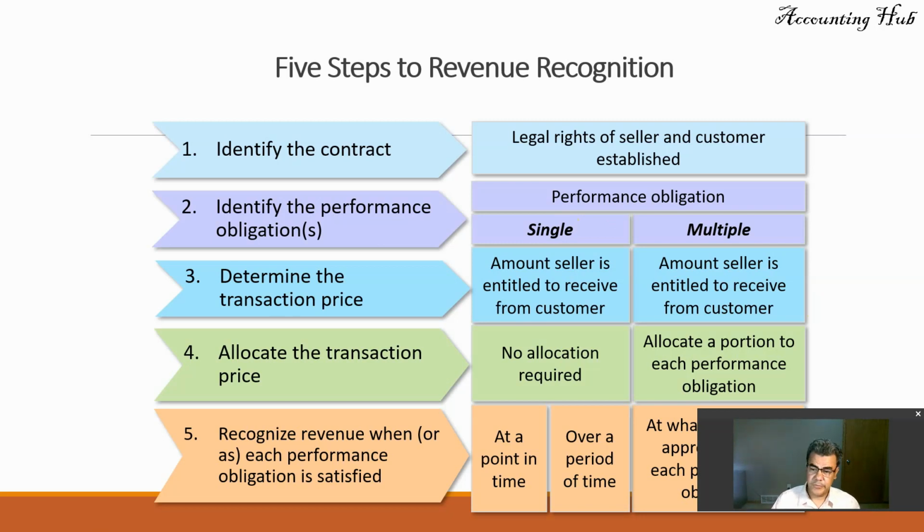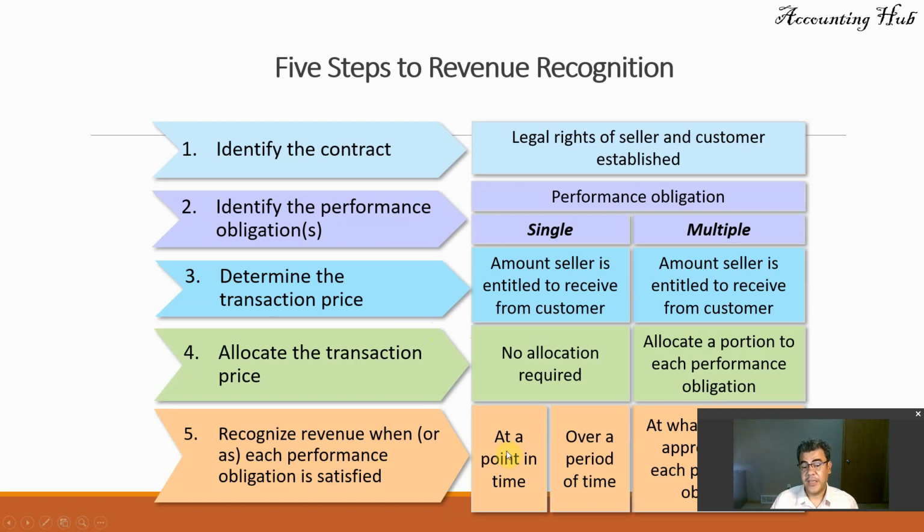Transaction price, no problem at all. Allocate the transaction price, that is no problem here. We have only one performance obligation. However, the last one, recognize revenue when each performance obligation is satisfied.